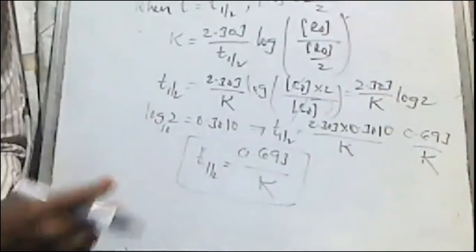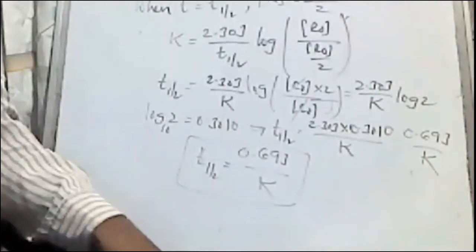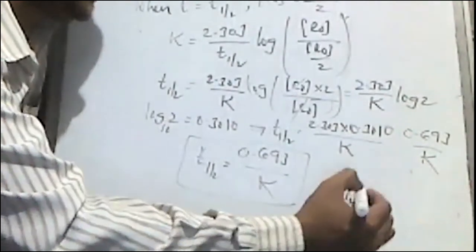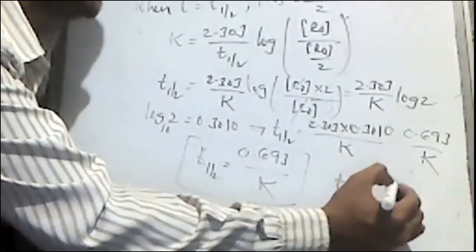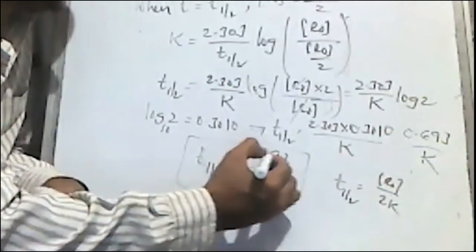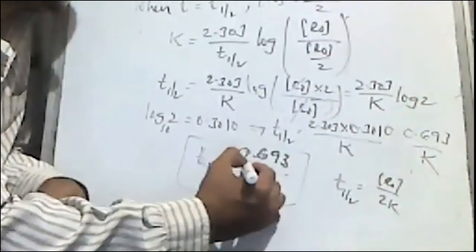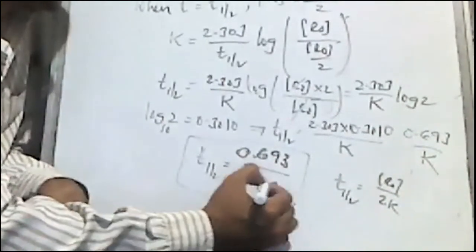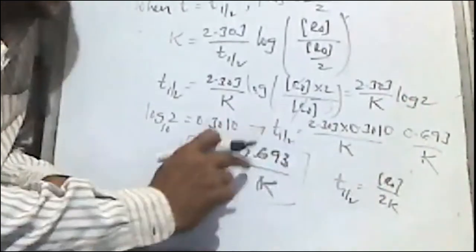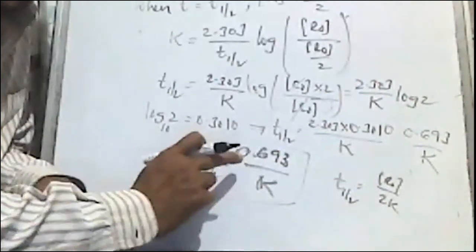From this expression, what we can see is there is no reactant term. Please try to remember the half-life of a zero order reaction: t half is equal to r naught by 2k. And the expression for the half-life of a first order reaction is 0.693 by k. Here in zero order, there is a concentration of reactant term. Here there is no concentration of reactant term.